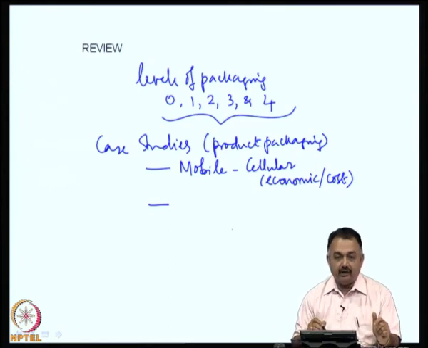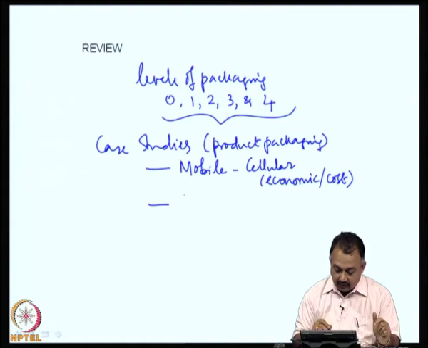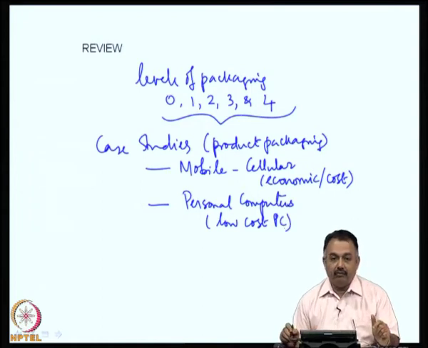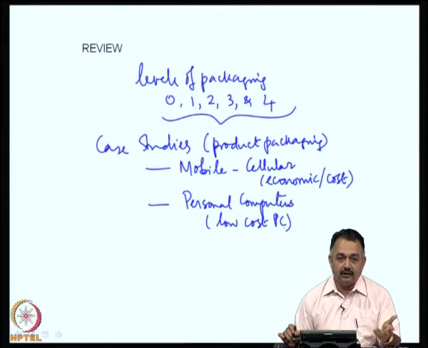The next example that we looked at was the personal computer, including the low cost PC. I mentioned to you before a very important phenomenon that depending upon the area, the cost of the product is determined through design, and in manufacturing accordingly the materials are chosen.